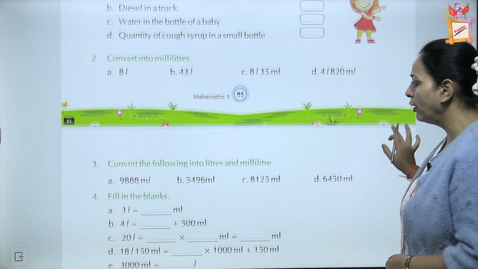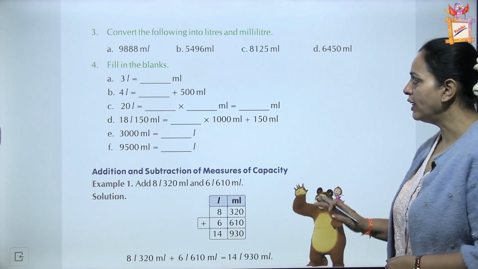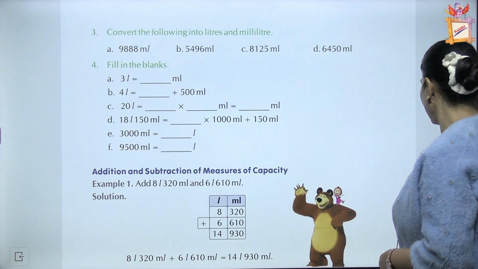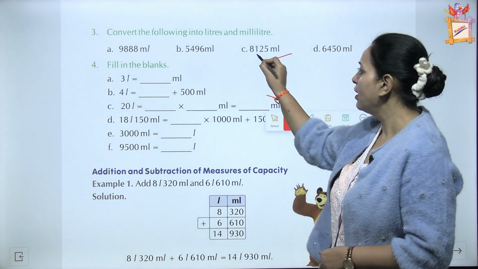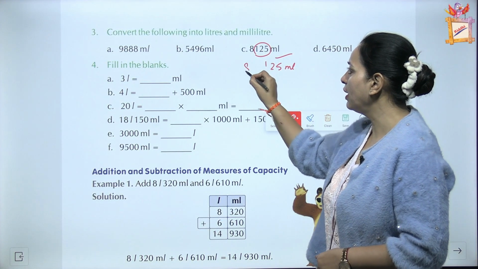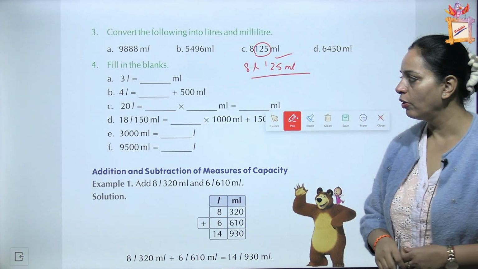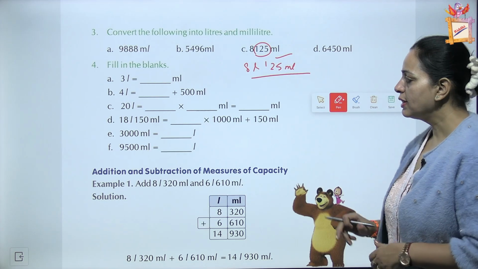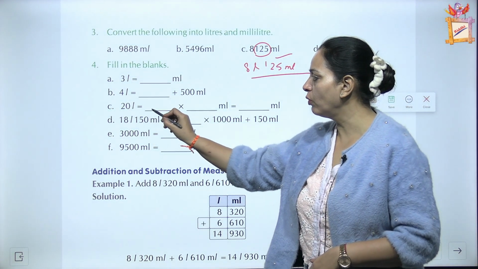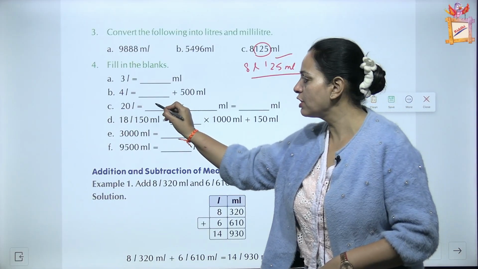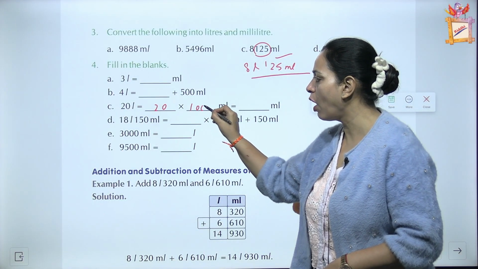Now the third one, convert the following into liter and milliliter. Like C part 8125 milliliter. Last 3 digit milliliter and the remaining is liter. Okay. The fourth one, filling the blanks. Like here C part 20 liter equals to dash multiply by dash milliliter. It means 20 multiply by 1000.